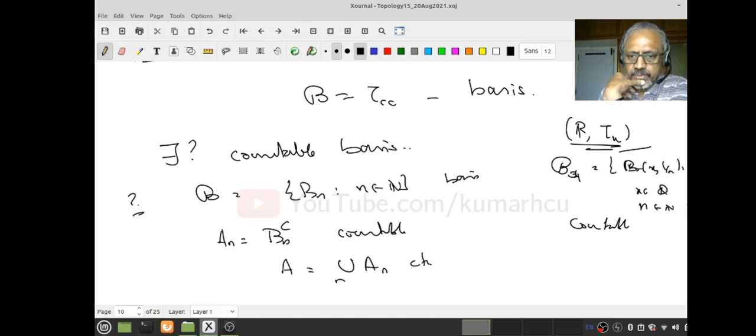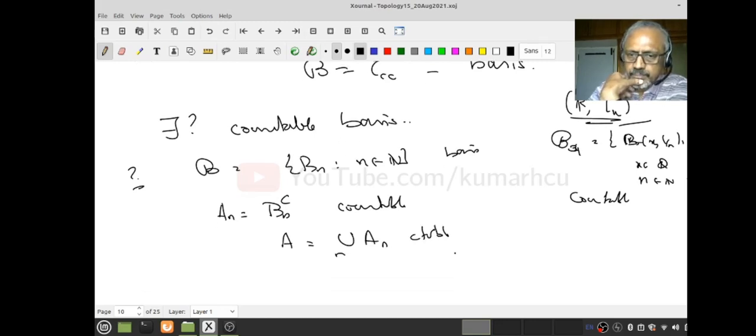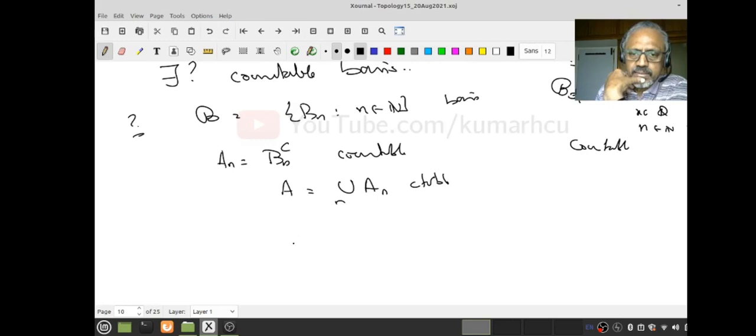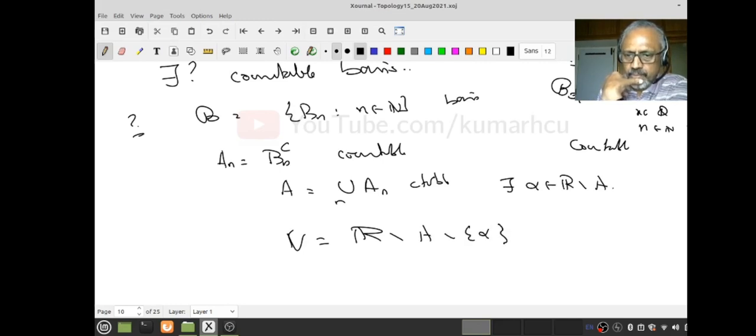This is countable, right? Now let's look at U equal to R minus A. Since A is countable, it cannot be all of R, therefore there exists an alpha which is in R minus A also.